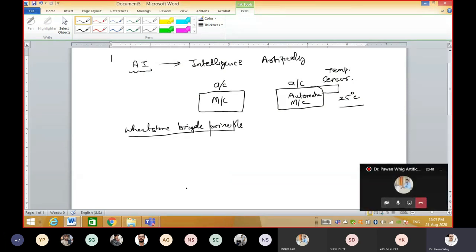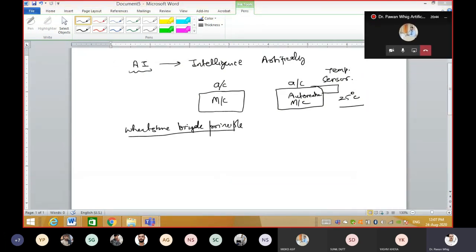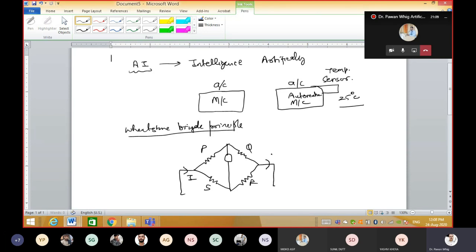See, what is the Wheatstone bridge principle? Let me explain in simple terms, just for your understanding. In the Wheatstone bridge principle, there is a resistance bridge like this, and in the bridge, if this is P, this is Q, this is R, this is S, and there is a middle arm, and current is coming from here and going out from this side.